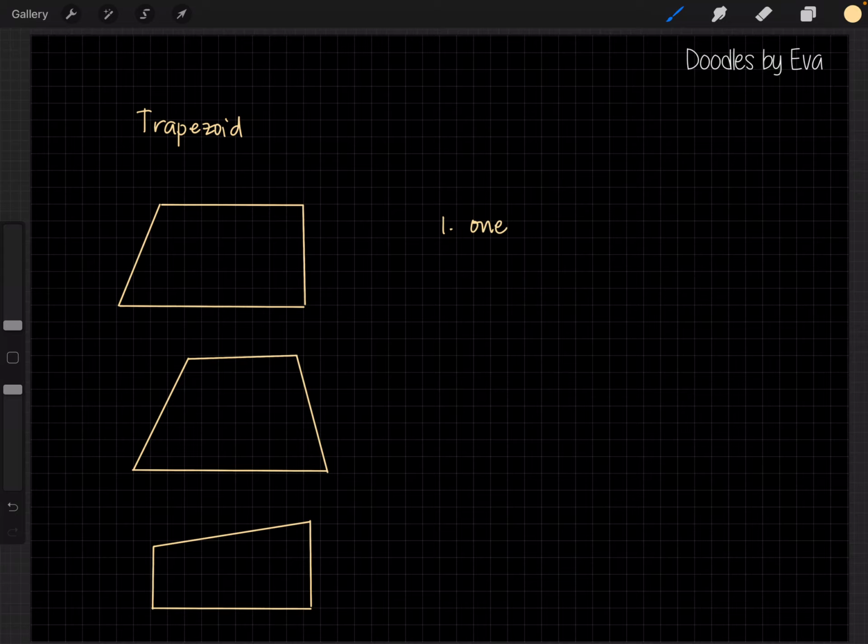It has one pair of parallel opposite sides. Sorry. Opposite sides. Okay? So what are these opposite sides that are parallel?